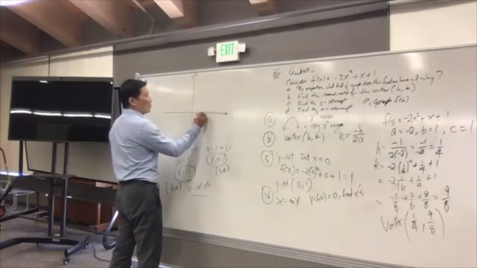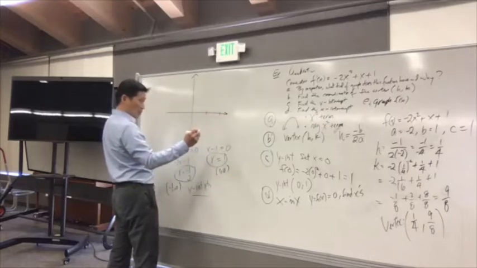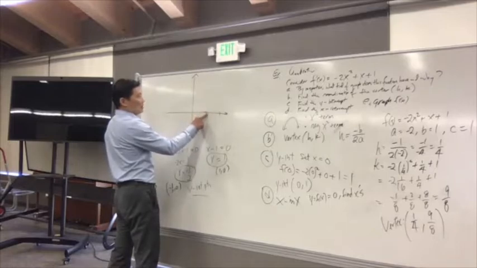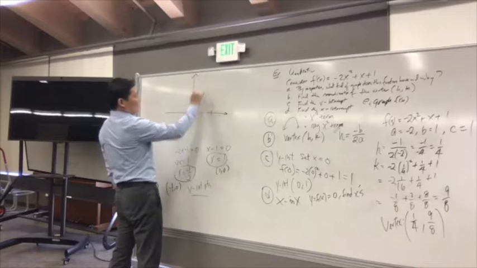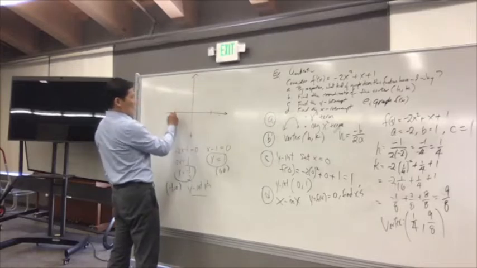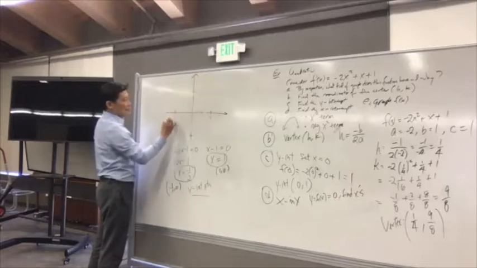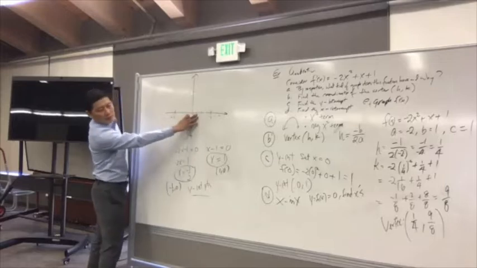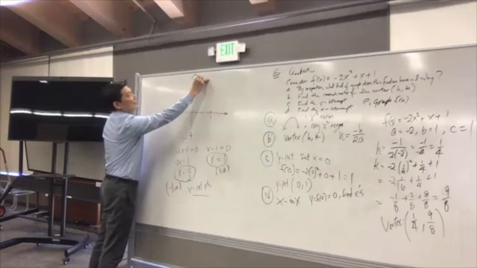So if this is 1, let's make it this way. 1/4 will be right here. 9/8 will be right here. So I have a vertex.